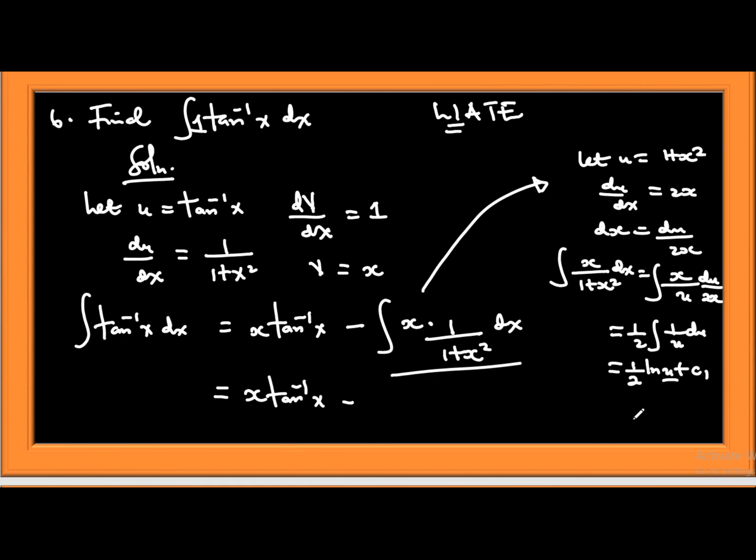But remember our u is 1 plus x squared, so the answer comes to a half natural log of 1 plus x squared plus a given constant c1. So I can comfortably write that answer here as a half natural logarithm of 1 plus x squared. So this is how easy it is to handle all these cases.